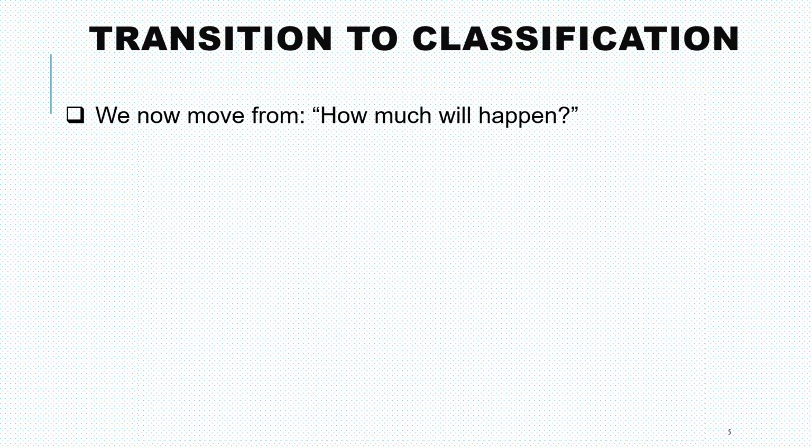So in transitioning from the regression to classification model, we are now moving from how much will happen. Because in the regression model, we are able to calculate the coefficient and know how much each of the features affect the model. But in classification, that is not what we look at. We always look at, will it happen or not?